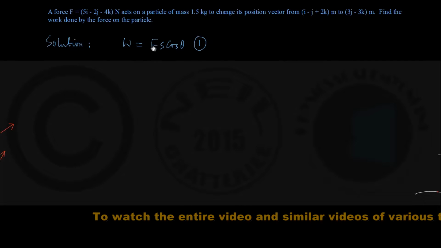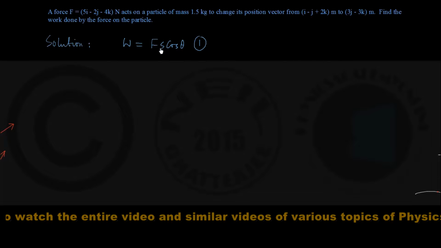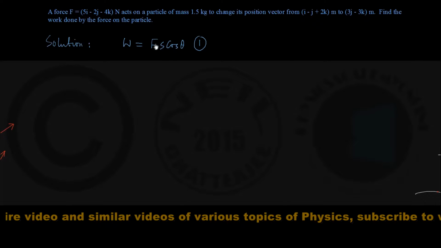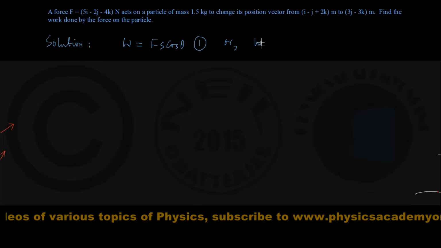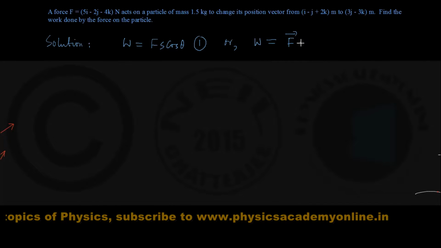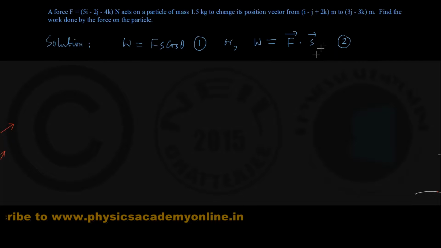So it's given by the magnitude of the force applied, magnitude of displacement, into cosine of the angle theta between F and S vectors. Another way of writing was, of course, in terms of scalar product. Work is the scalar or dot product of two vectors, F vector dot S vector. That is my equation number 2. So we shall see which of them we can apply here to do this problem.